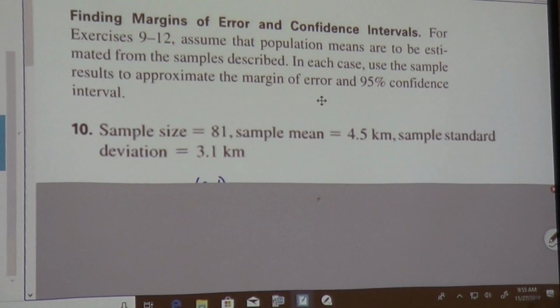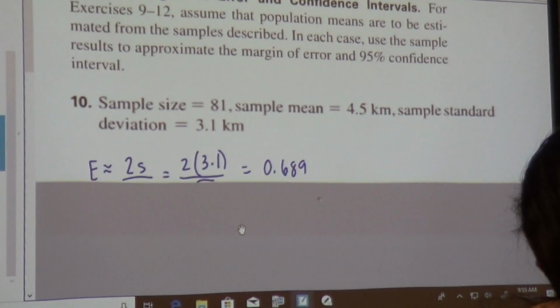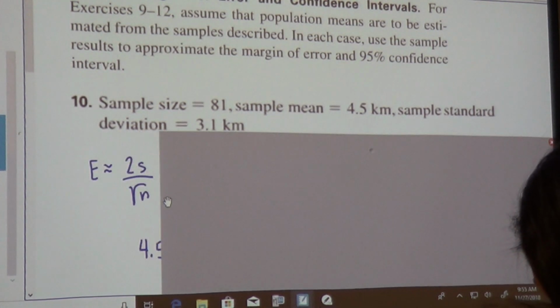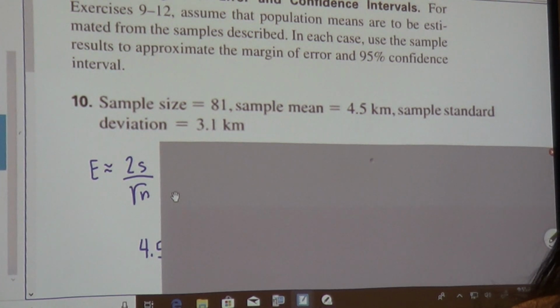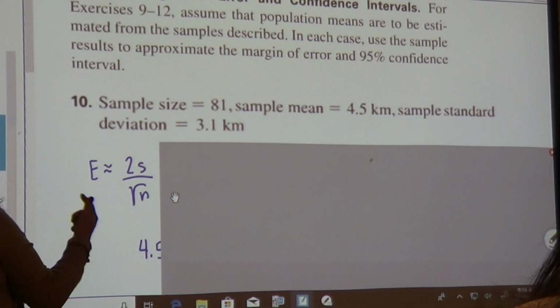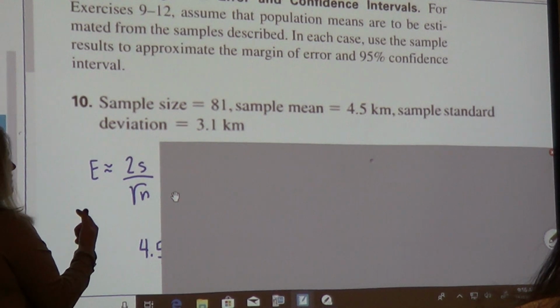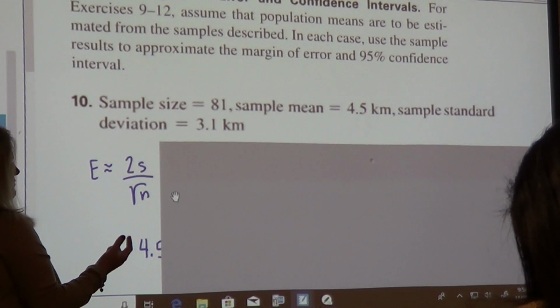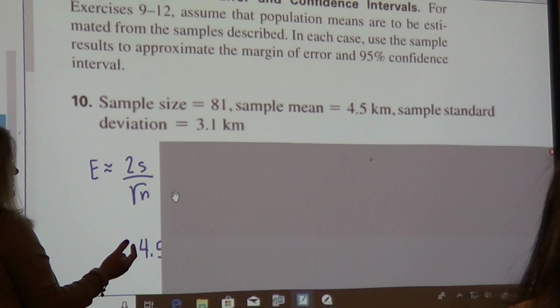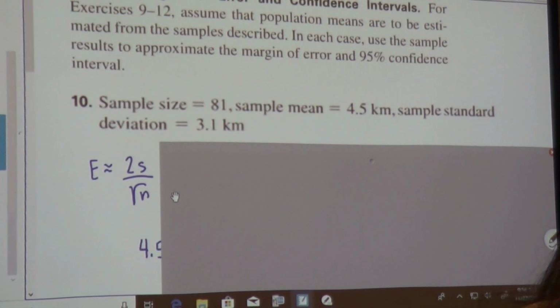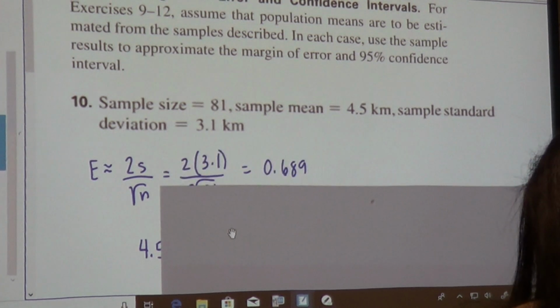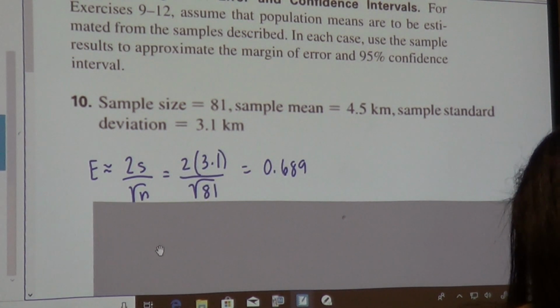Same thing, it says give me the margin of error and the 95% confidence interval. So first thing I want to do is find my error. 2 times the standard deviation divided by the square root of the size of the group. So I'm going to do 2 times 3.1 divided by the square root of 81.